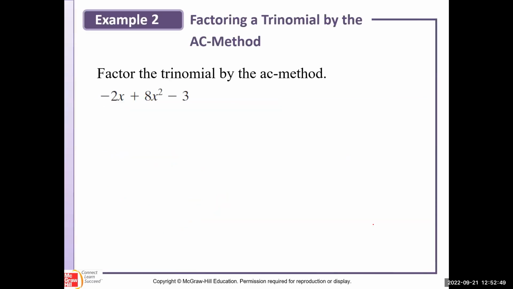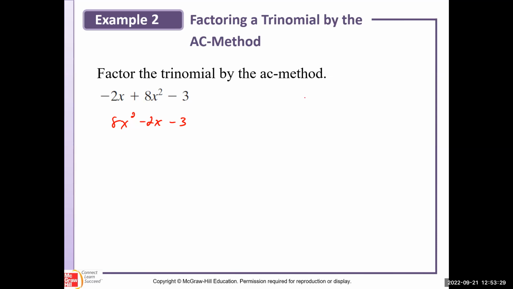So here's another example. And so I'm going to rewrite this one. So it's going to be 8x squared minus 2x minus 3. And so now what I'm going to do is write out the factors of 8 times 3 that are going to add up to negative 2x basically.